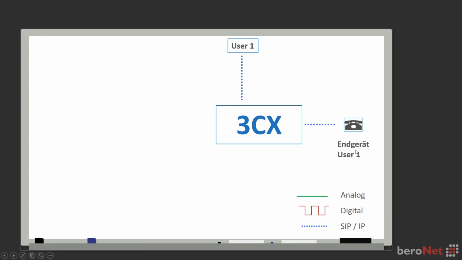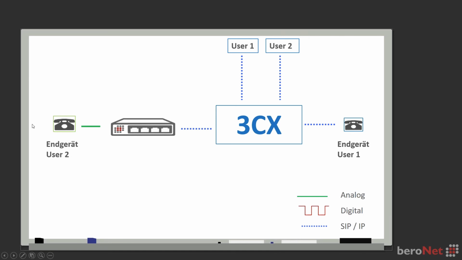Oh, sorry, I forgot to translate it from German. This means endpoint. And with SIP, the good thing is that one user, one extension, can have lots of different endpoints. In our case, we have user 1, which uses endpoint number 1. He has a very nice SIP phone. And user 2, we will give him this analog telephone.